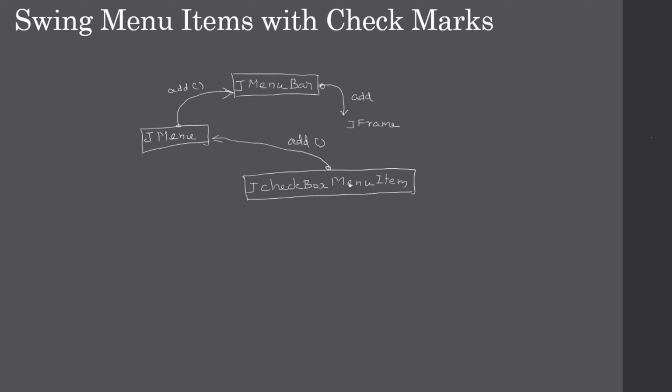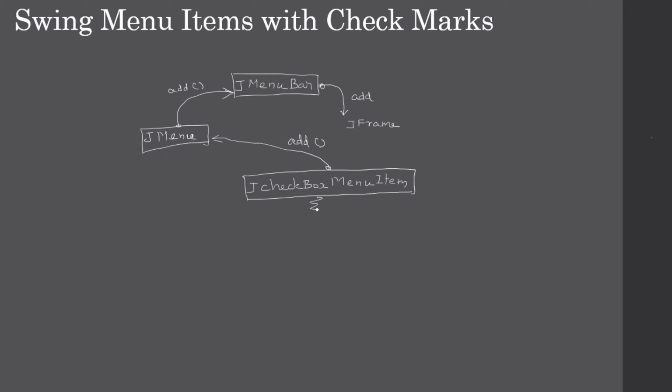Next, we create JCheckBox menu item and we will add that JCheckBox menu item to the menu. So the only difference here is previously we created menu item and we added that to the JMenu. But this time we will create a JCheckBox menu item, then we will add that to the JMenu.